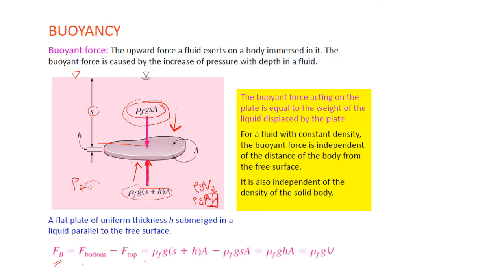If you see from the formula, the s and s cancel out. So we are left with only rho g h A, and this can also be translated into rho gV. It's very easy, just rho gV: the buoyant force is rho gV. You need to know the volume immersed in the fluid.